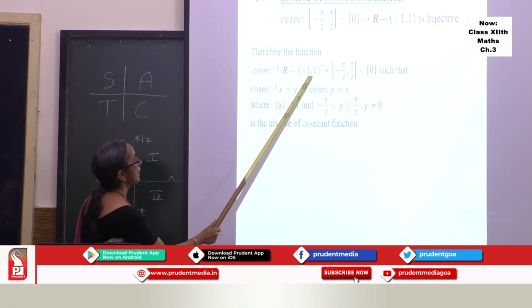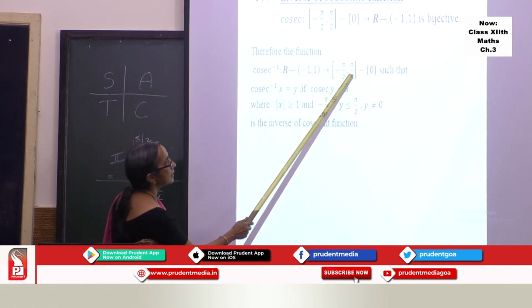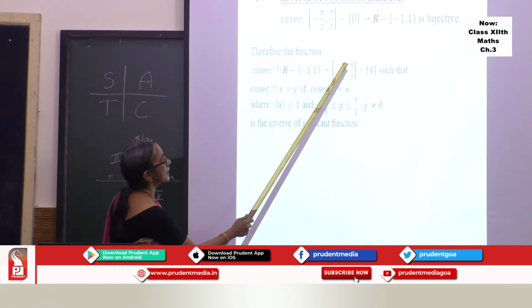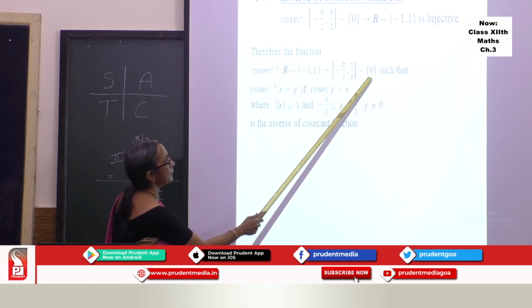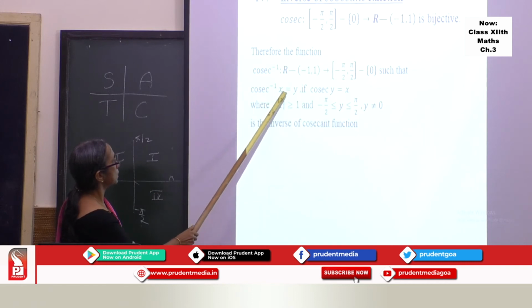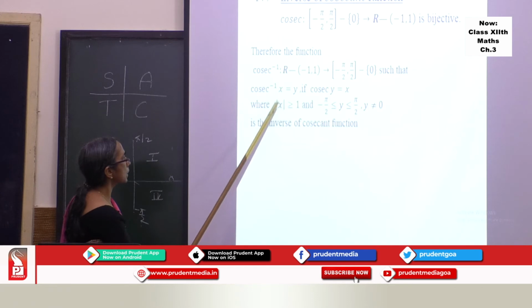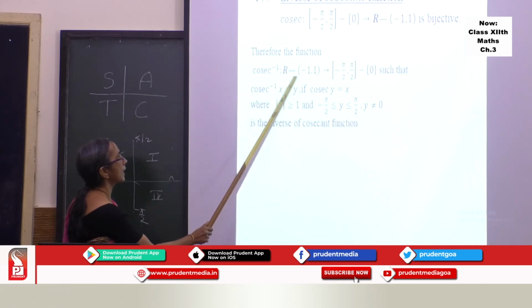So, this is the domain, R minus open interval minus 1, 1, and the range is the open closed interval minus pi by 2 to pi by 2 minus 0. y is cosec inverse of x if cosec y is x, where modulus of x is greater than or equal to 1.